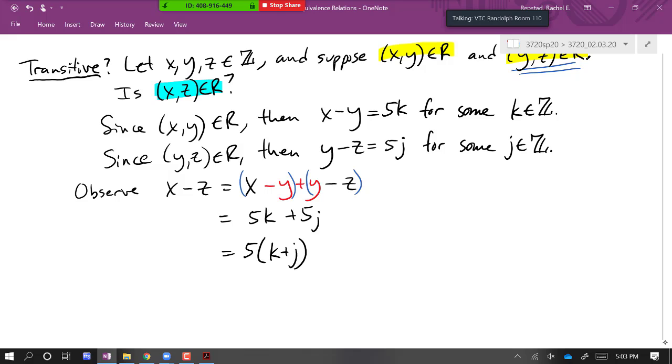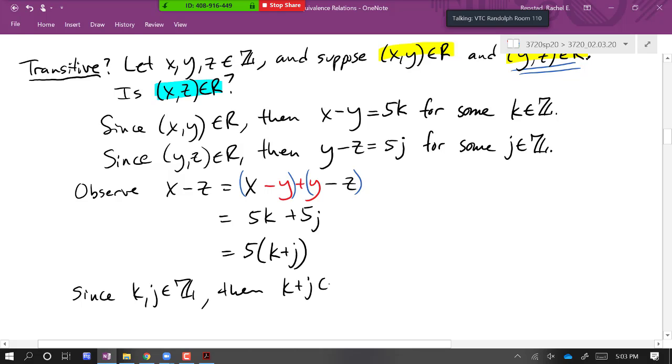What's important is that I was able to multiply it by something that is just an integer. So since k and j are integers, then k plus j is an integer. And so that means that x is related to z.